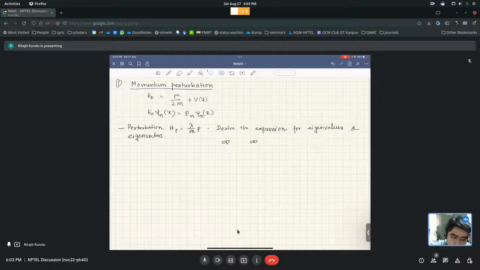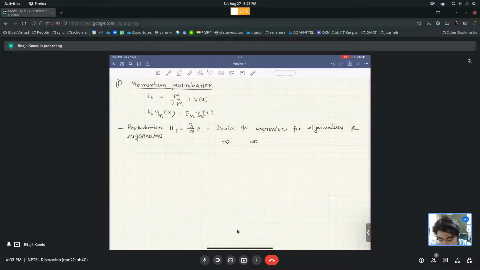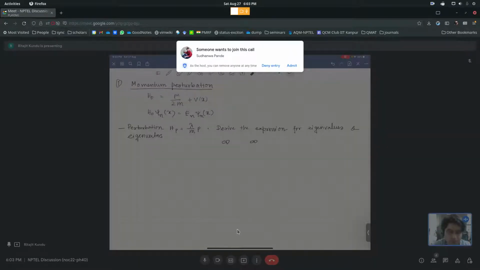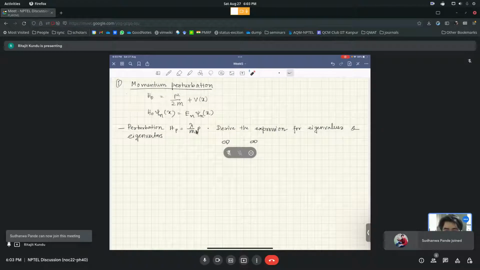Normally when you do perturbation, you see that there is an additional potential which is a function of x. In a normal Hamiltonian there is some V of x, this is the total Hamiltonian, and you add some additional V of x, which acts as a perturbation, very very small compared to the energy scales of the given Hamiltonian.